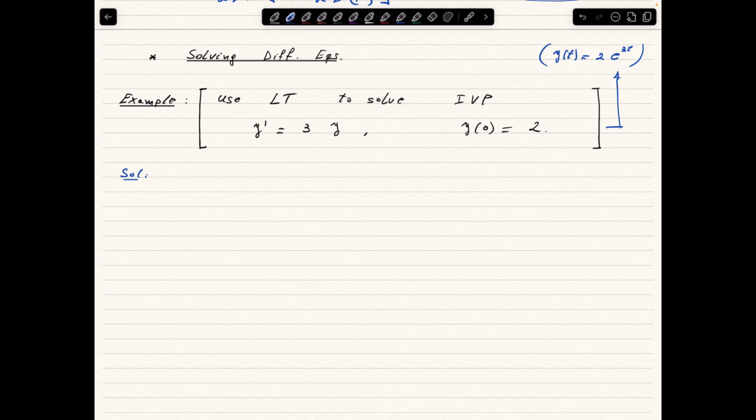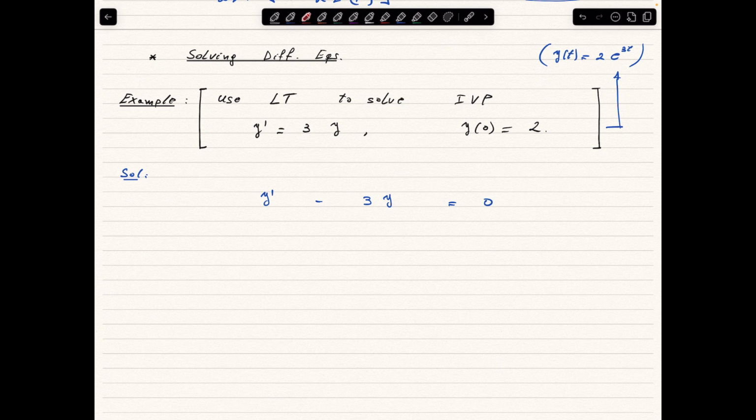Recall, we have our equation, and the whole idea was to write the equation as y prime minus 3y equals 0.